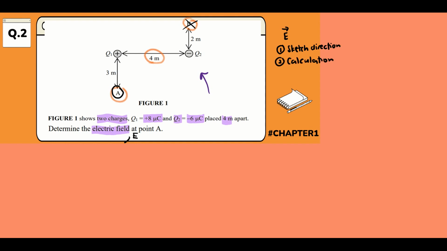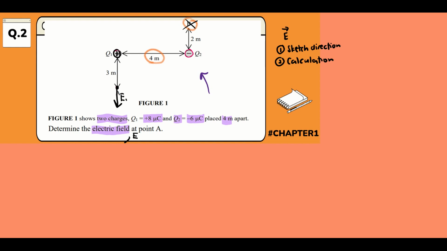In our case, we are going to sketch the electric field at point A, with respect to charge number 1 and also charge number 2. Due to charge number 1, our electric field is supposed to be outward. So we need to start drawing from point A. It is outward from the positive charge, and label your direction.